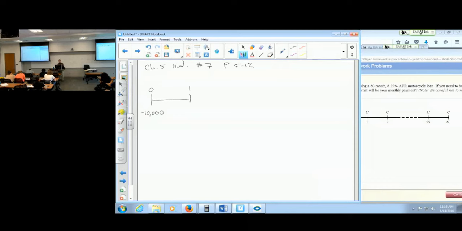In exchange for that, you're going to promise to make some monthly payments we're going to call C. Right? And you are going to do that for 60 total months.